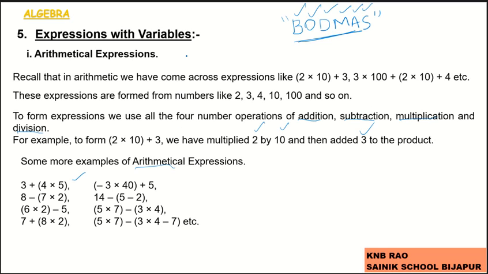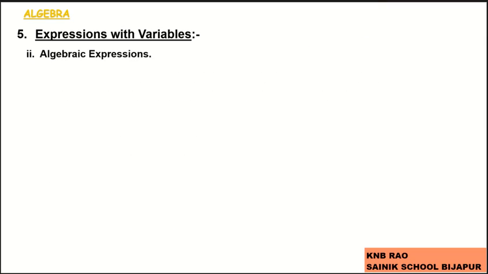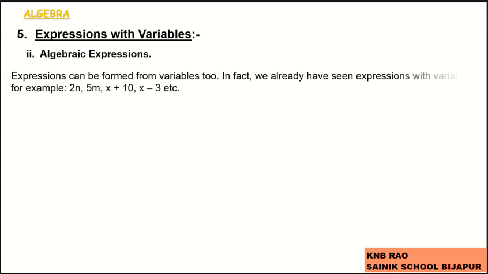Children, coming to another important concept called expressions with variables, especially algebraic expressions. They can be arithmetical expressions along with which some variables will be there, such as expressions formed from variables too.